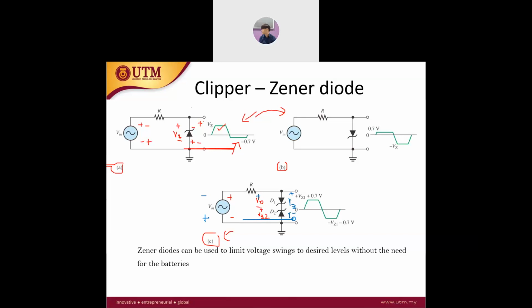So you're going to have this positive and negative in. So here negative to here, so it will be like positive and negative of VZ.